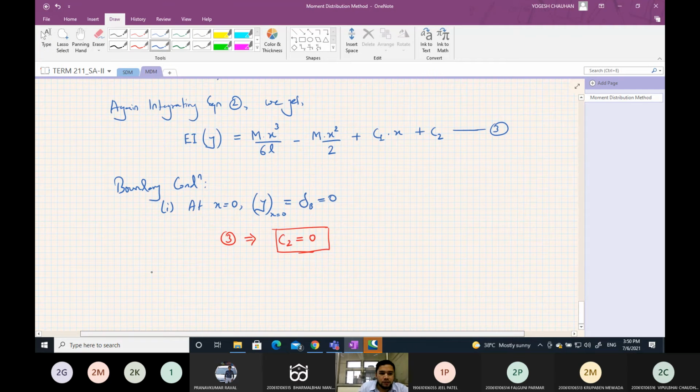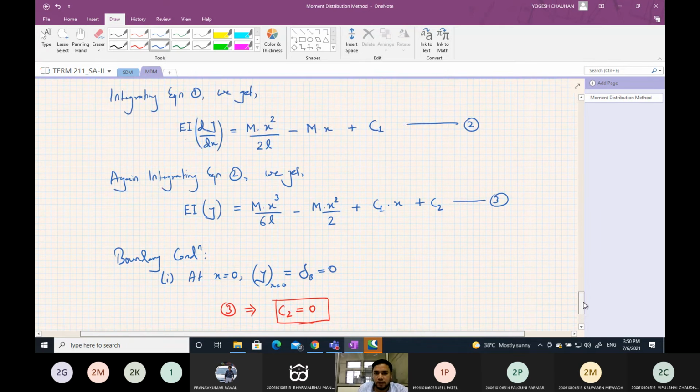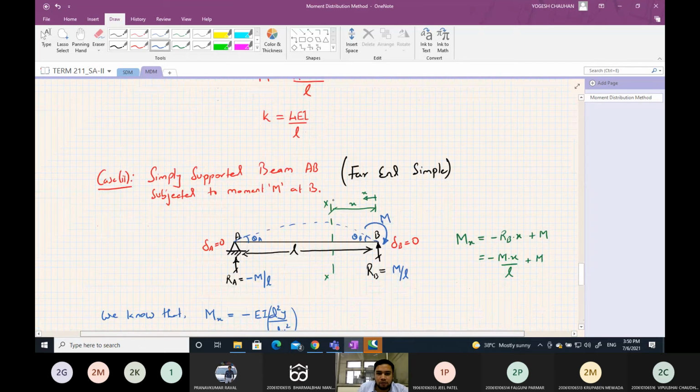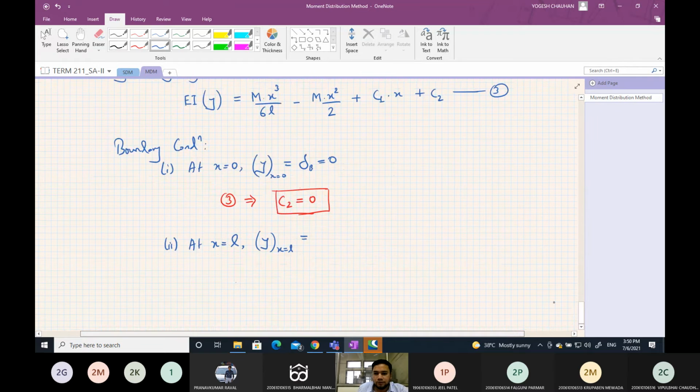Now we apply the second boundary condition, that is at x equals to l. When x is equal to l, the y will be delta A. Deflection at A will be delta A, which is equal to 0.